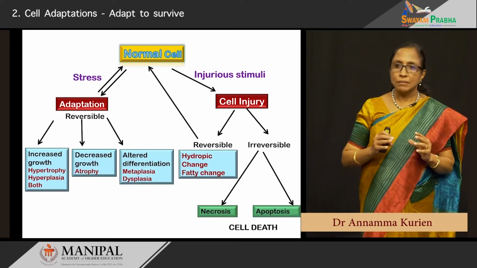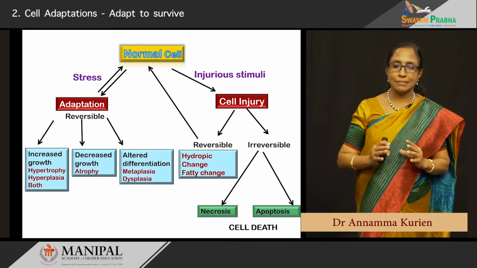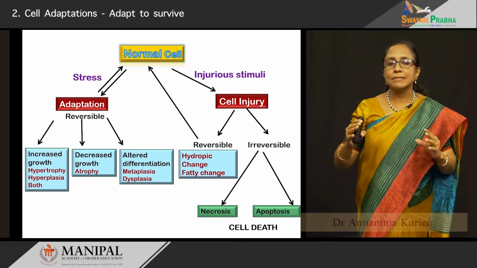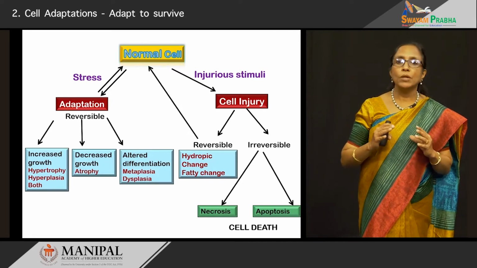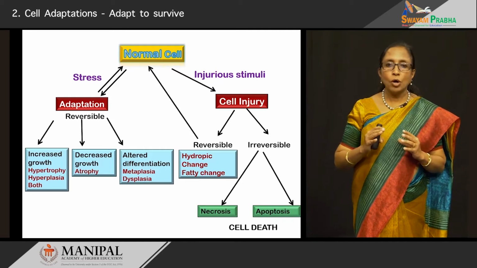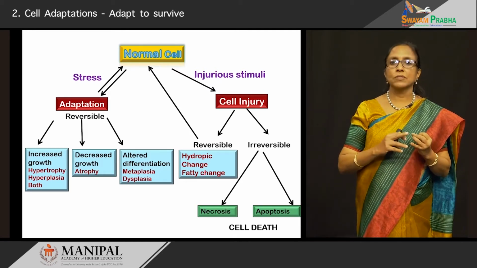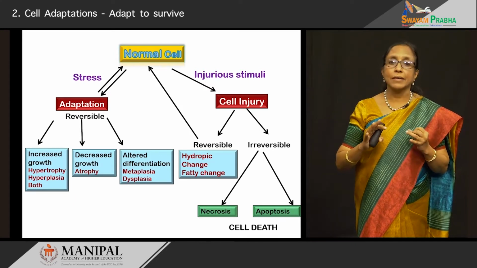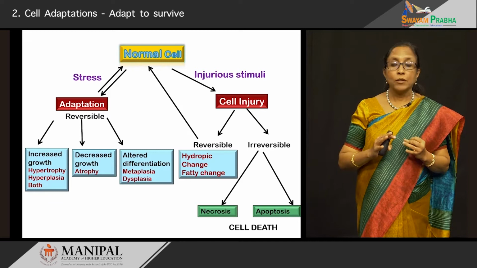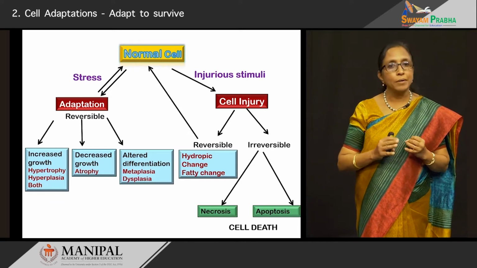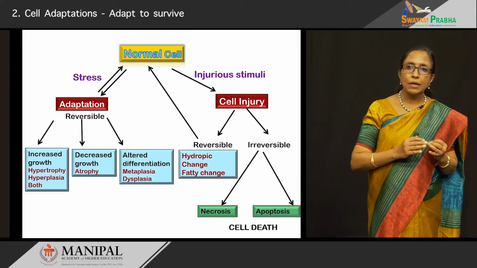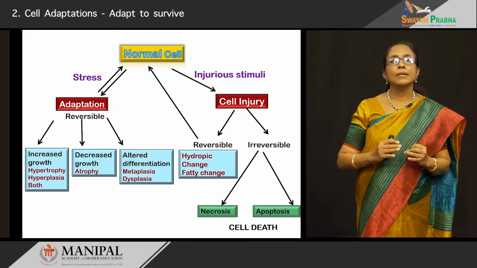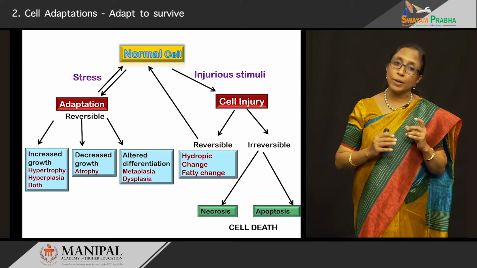All living creatures and all cells exist in a state of normal homeostasis. The normal cell has normal functions, normal metabolic activity, and various other normal things. But when there is a stress or a demand, maybe a functional demand or some physiological stimulus, then that cell or the tissue has to adapt.